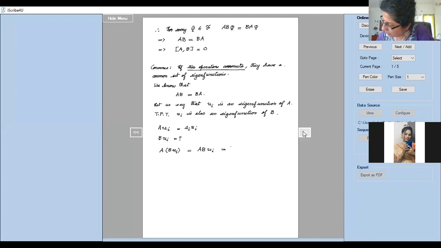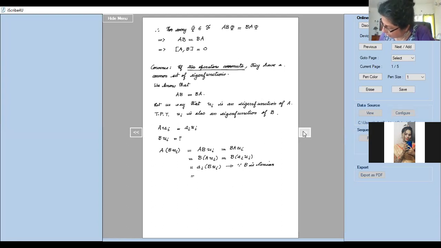So this is going to be the same as BA ui, which is nothing but B ai ui. So this will be nothing but ai B ui. Why do we say this? Because B is linear.